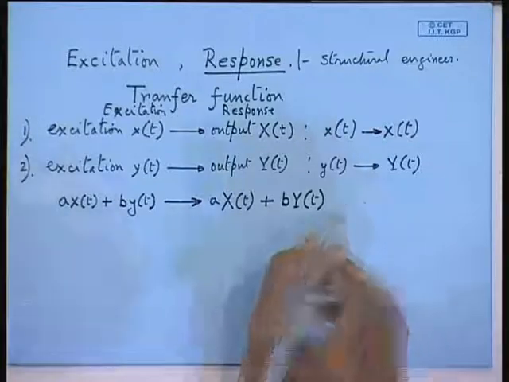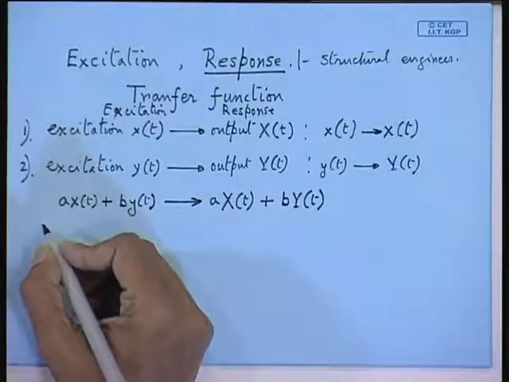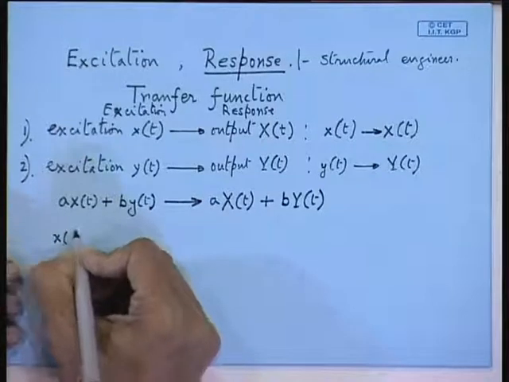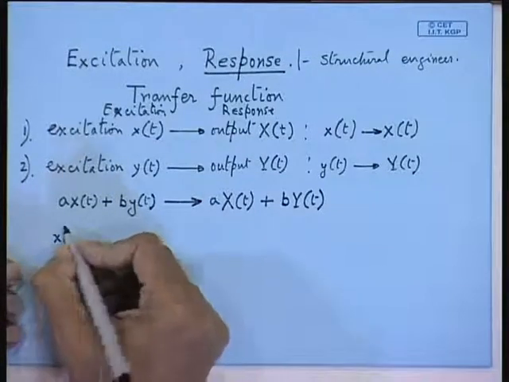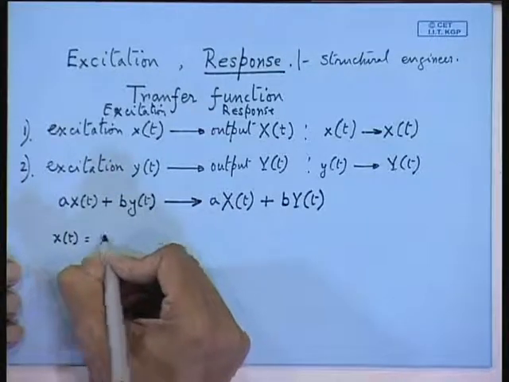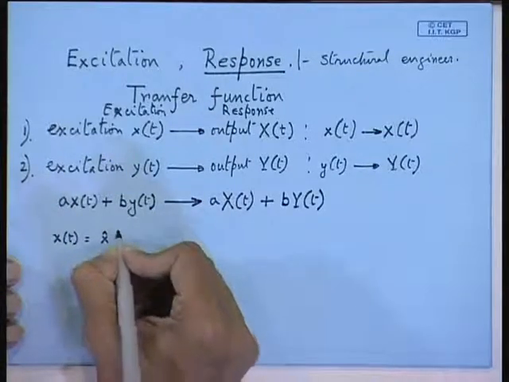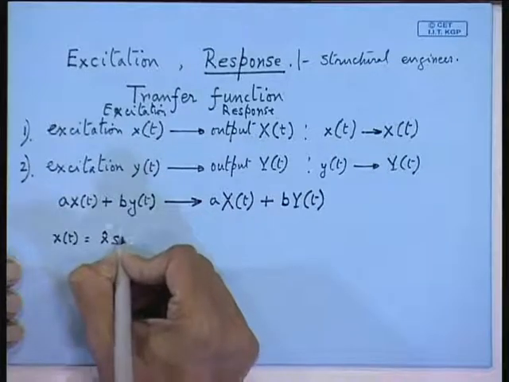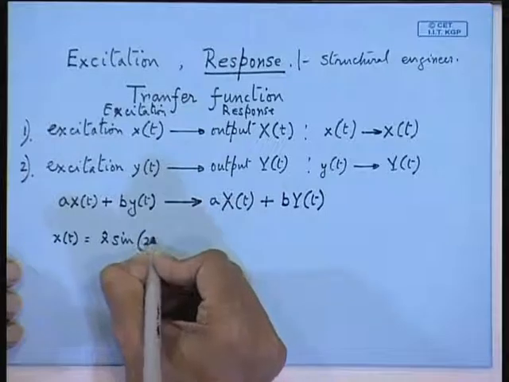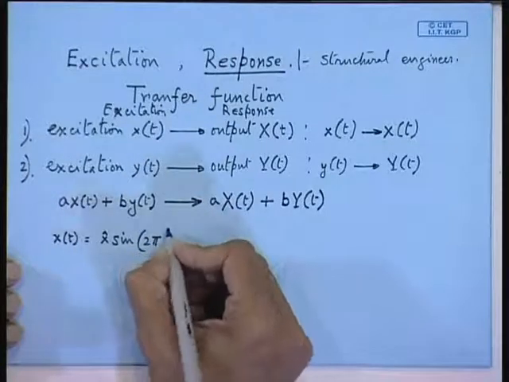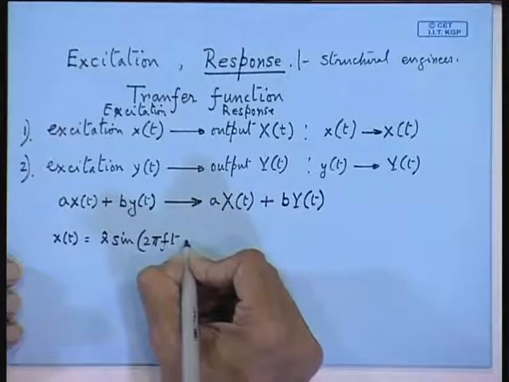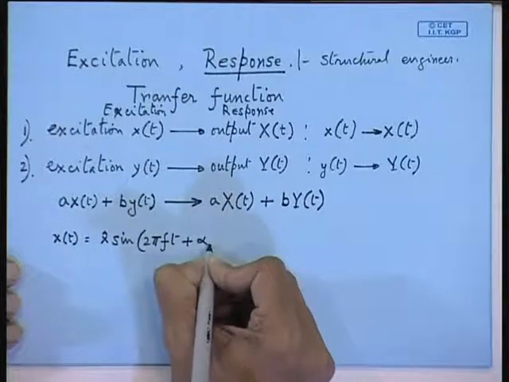Now, here say x t, you write this as your sine function. Instead of writing the cos function, you can write this as a sine; it is actually immaterial whether you write this as a cos or a sine function. So you write this as alpha small x.